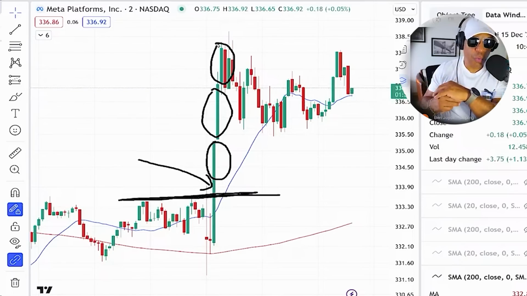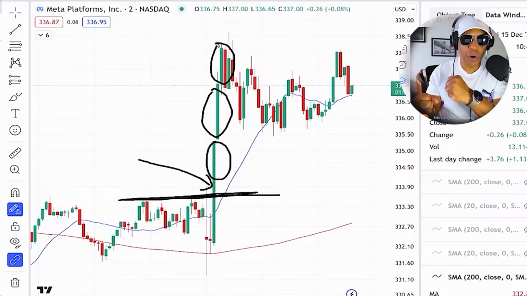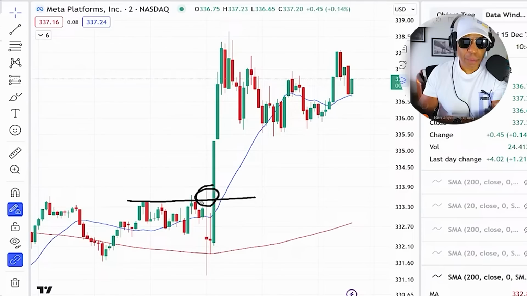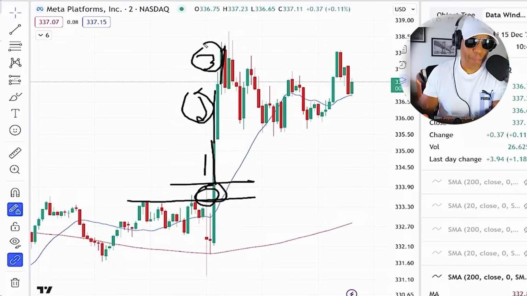So you really want 3 independent, strong pushes. I call them pushes. I'm entering here. Is there a surge above my entry point? That's 1, 2, and 3. Okay, so it's really 2 to 3. And what some traders do is they take a portion off at 2 and a portion off at 3.